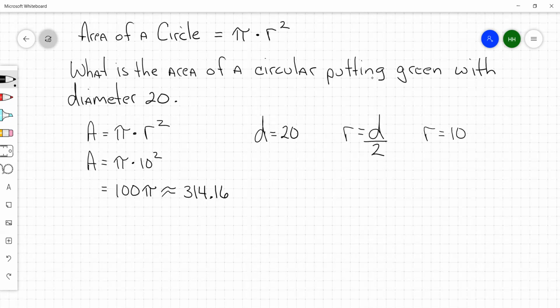So there's your answer in terms of pi. There's your answer as a decimal rounded to the nearest hundredth. Any area questions that you get asked, I want you to leave your answer in both formats. Good? Okay.